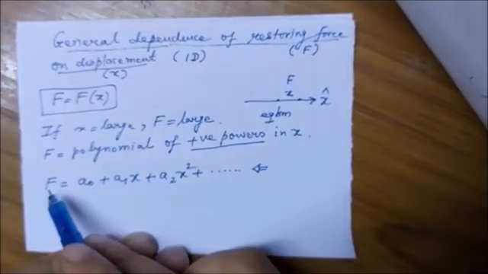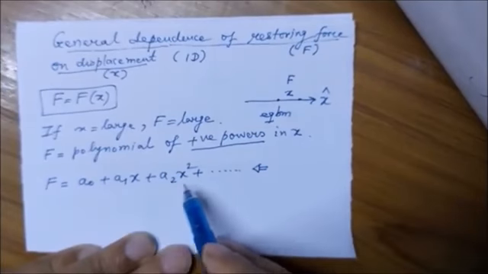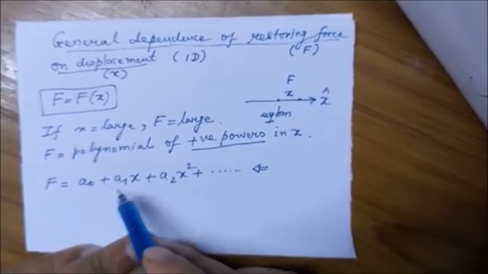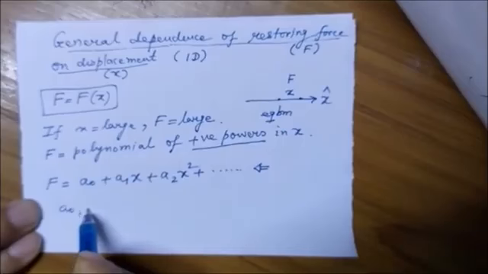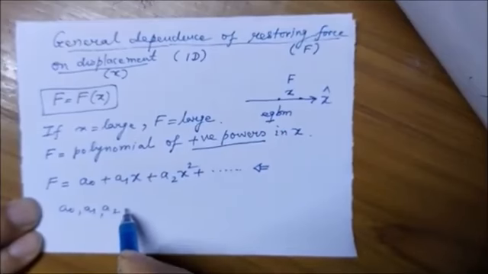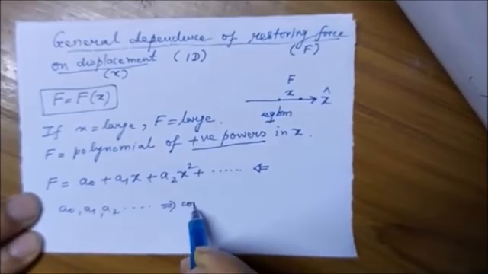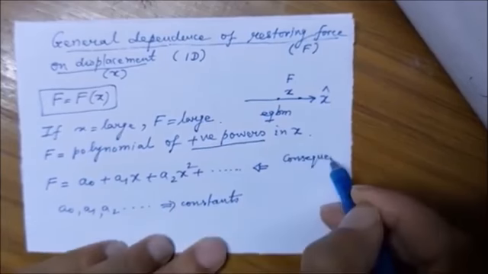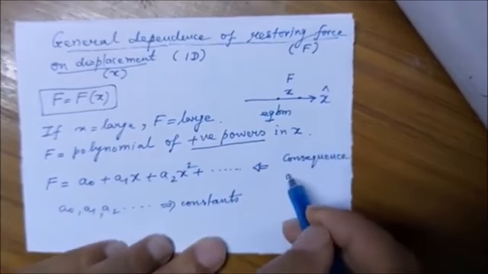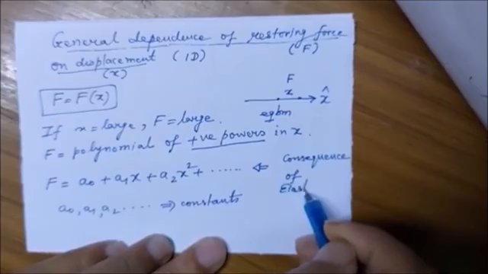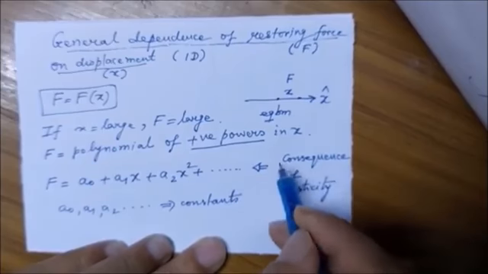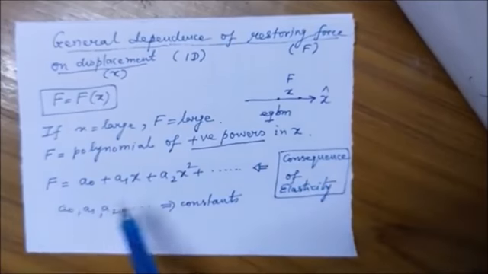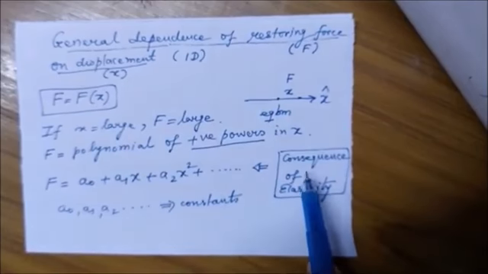So this is the expression of restoring force that we assume in terms of x, the displacement, and a0, a1, a2 are constants. And we are writing this as a consequence of the property of elasticity, because development of restoring force in a system is a consequence of elasticity.